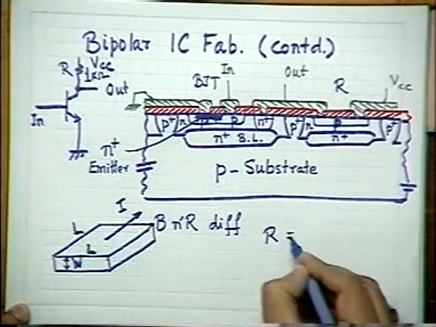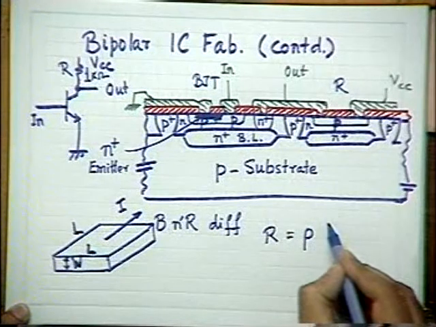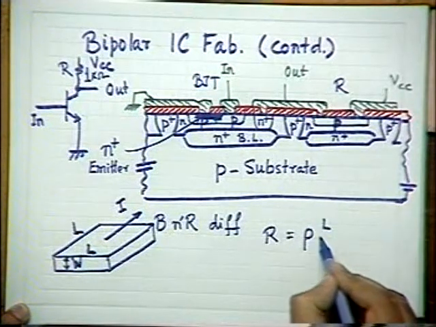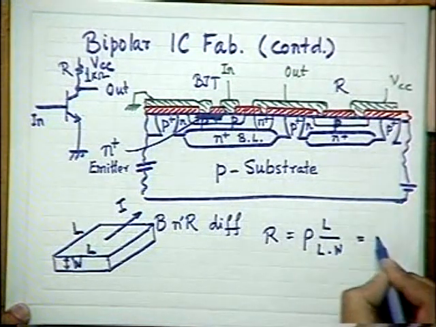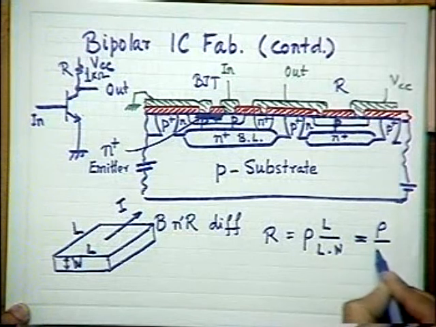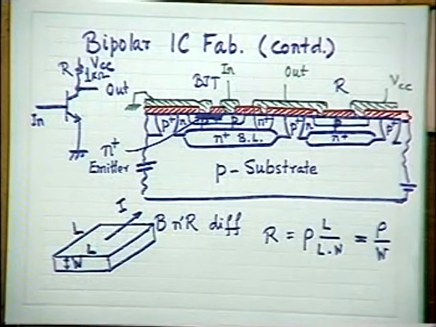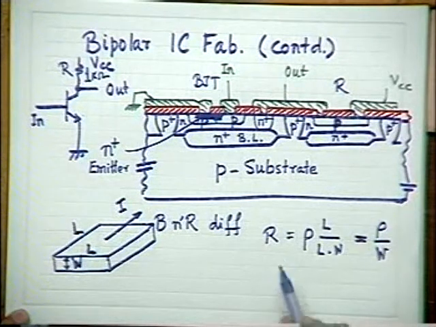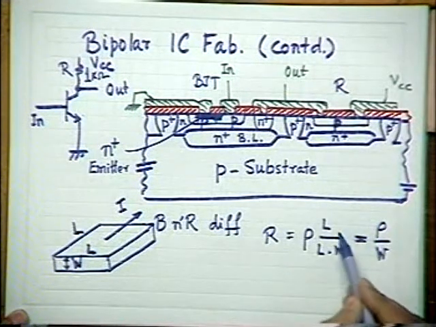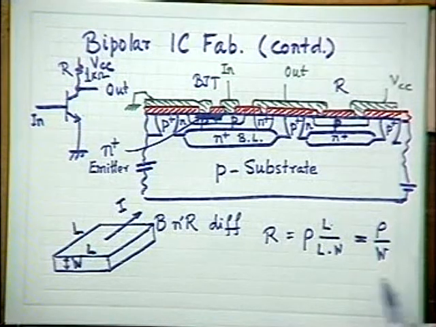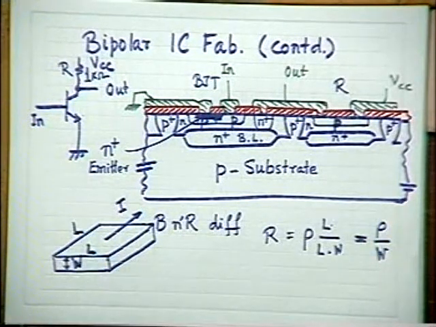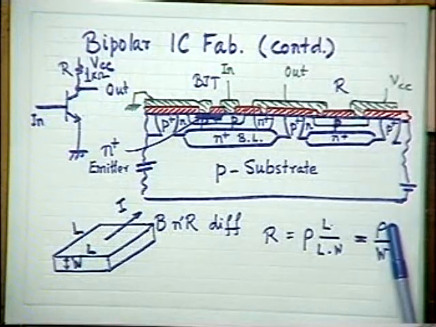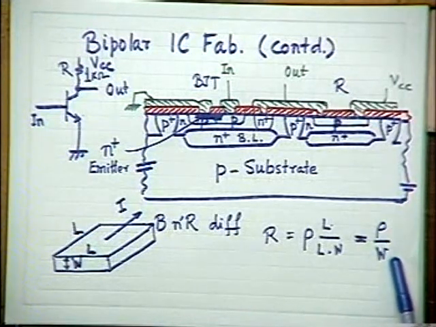R is equal to rho L by A. L by A means L into W. That means this is equal to rho by W. This particular quantity R, you see, is independent of L. The resistance of a square sheet is independent of the length dimension or the breadth dimension. It is dependent on resistivity and the thickness.